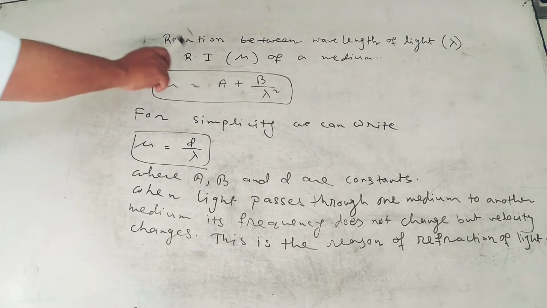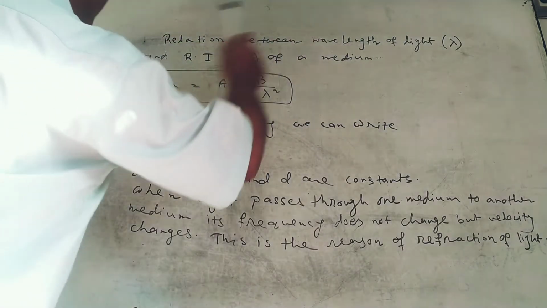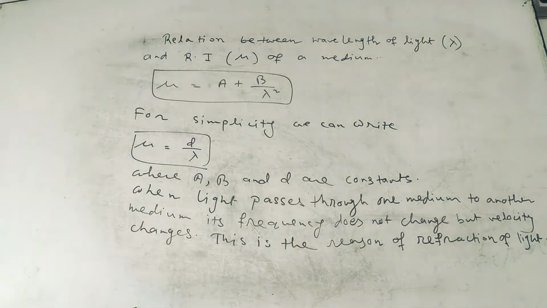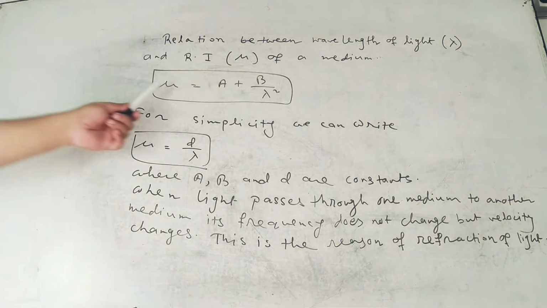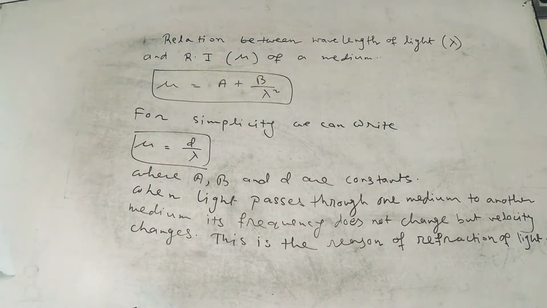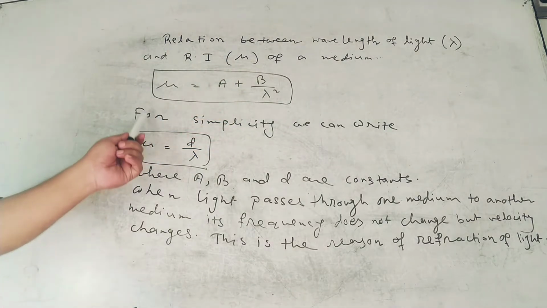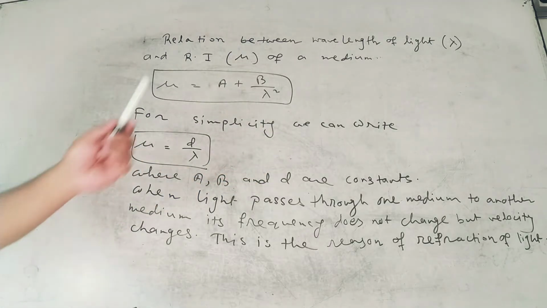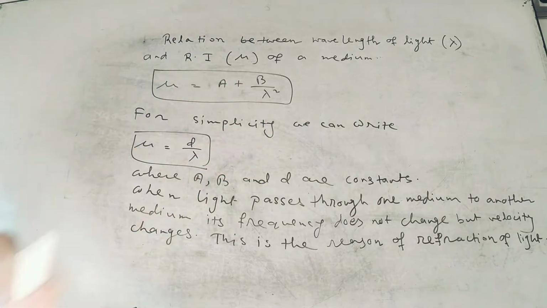Now the relation between the wavelength of light lambda and the refractive index μ of a medium is given by μ is equal to a plus b by lambda square, from Cauchy's theorem. But for simplicity we can write μ is equal to d by lambda, where a, b, d are all constants.